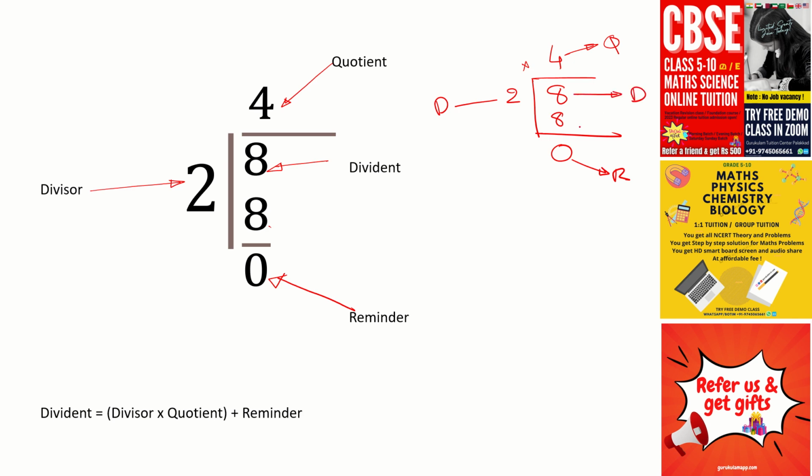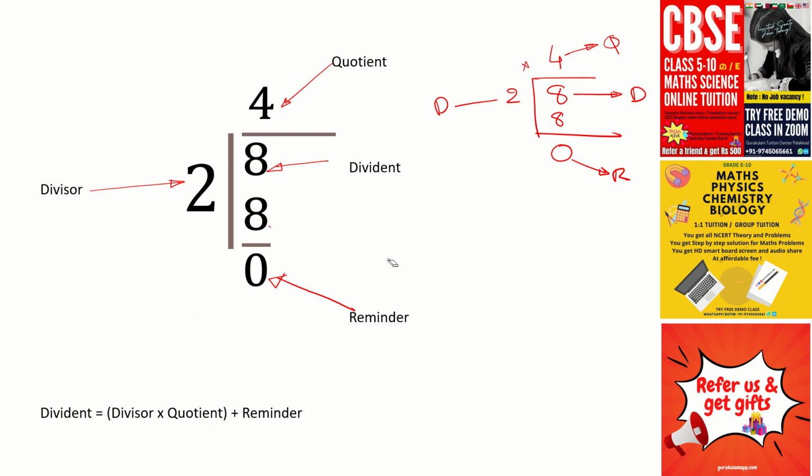You have to learn one relationship: dividend is equal to divisor multiplied by quotient, plus the remainder. You will get the dividend.